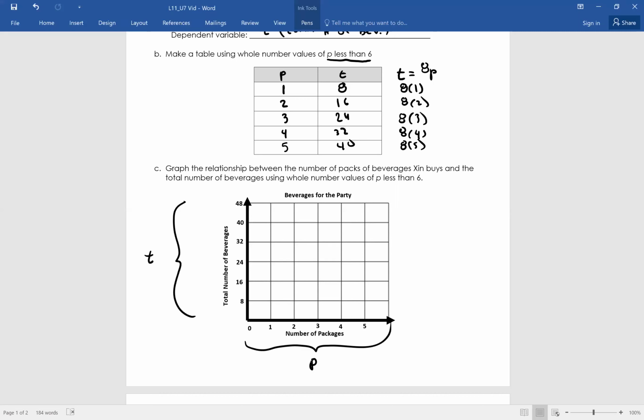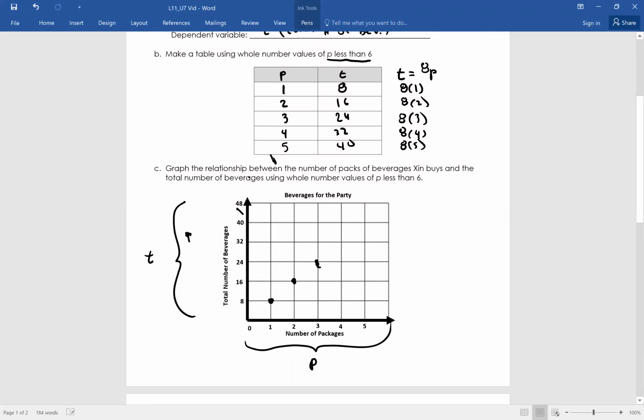All right, so now we can look at our values in the table as coordinate pairs. We know that this point is 0, 0 for our origin. That doesn't need to be graphed though. That was just an example. Now we know the first point is going to be 1, 8. So I go to the 1 in the x direction, and I go to the 8 in the y direction. Same thing. 2, 16. 3, 24.